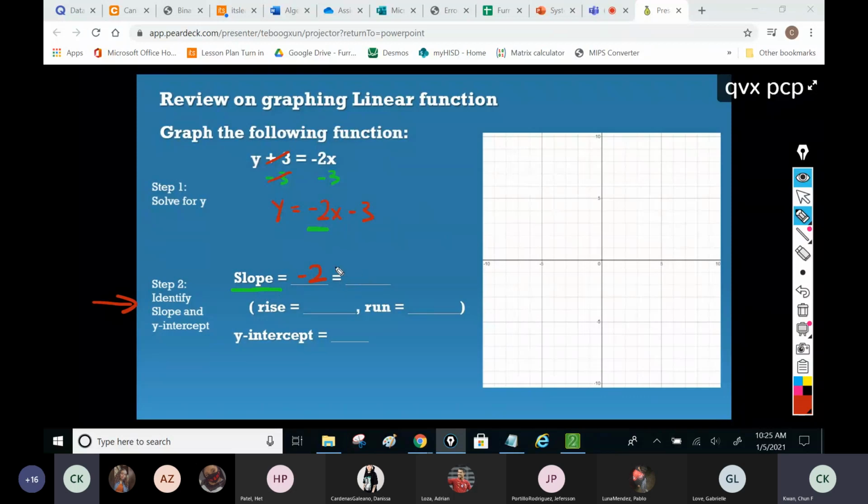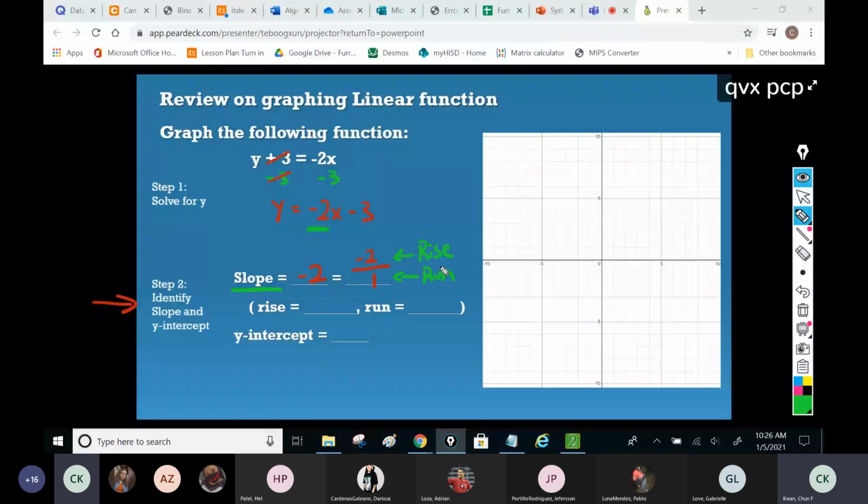And then negative 2, sometimes I like to make it into a fraction. To make it into a fraction, all I have to do is put a divided by 1 under it. The reason I want to put it into a fraction is because then I can clearly see the rise and the run. So slope is rise over run.